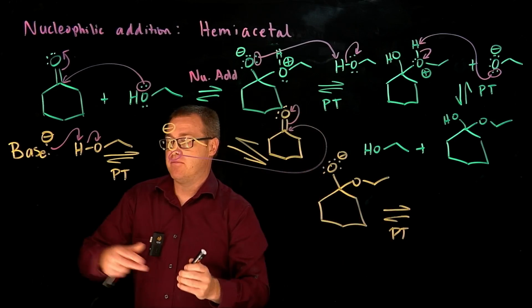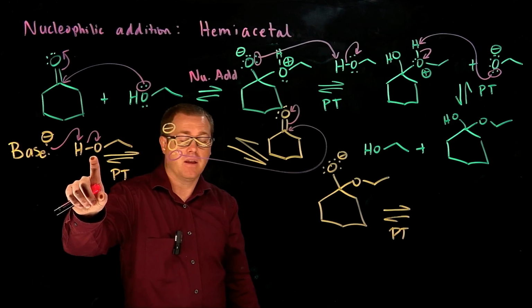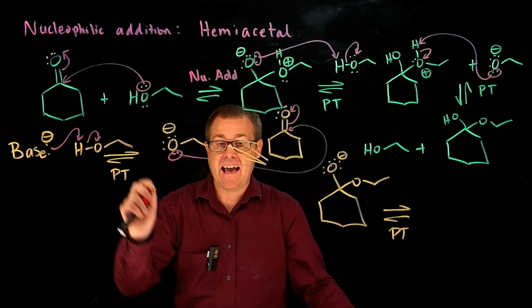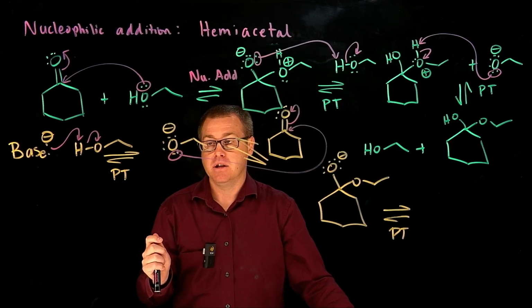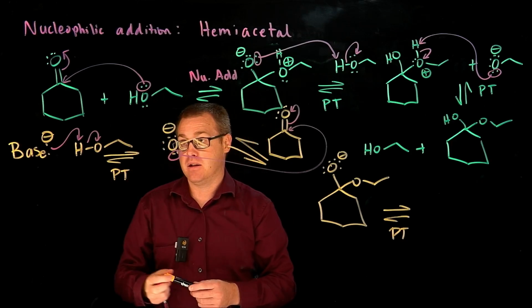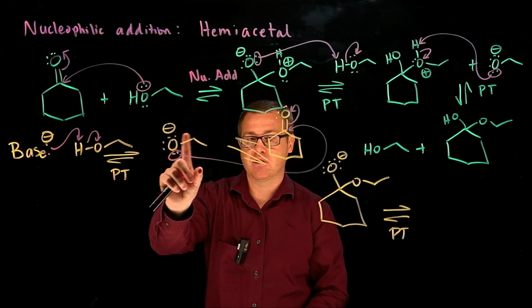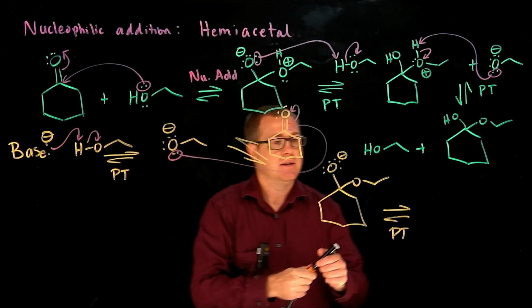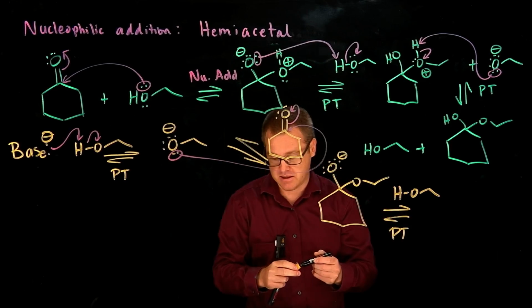Now when we add base to our ethanol here, we're adding a catalytic amount, just a little bit of base, not a lot. So most of the ethanol in the reaction is going to be ethanol. Only a small amount is going to be the ethoxide. So we have a lot of our ethanol still present.